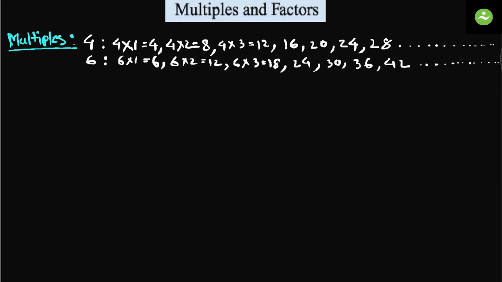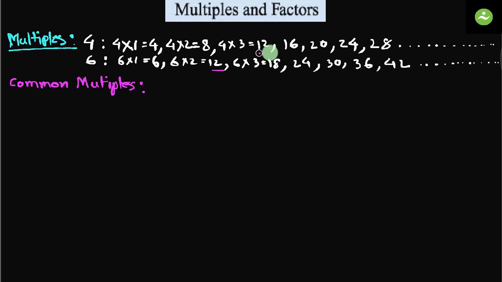What are the common multiples? Here, if we look at the multiples of 4, and if we look at the multiples of 6, is there any multiple which is on both lists? 4, there is no 4 here. 8, there is no 8 here. 12, there is 12, yes.